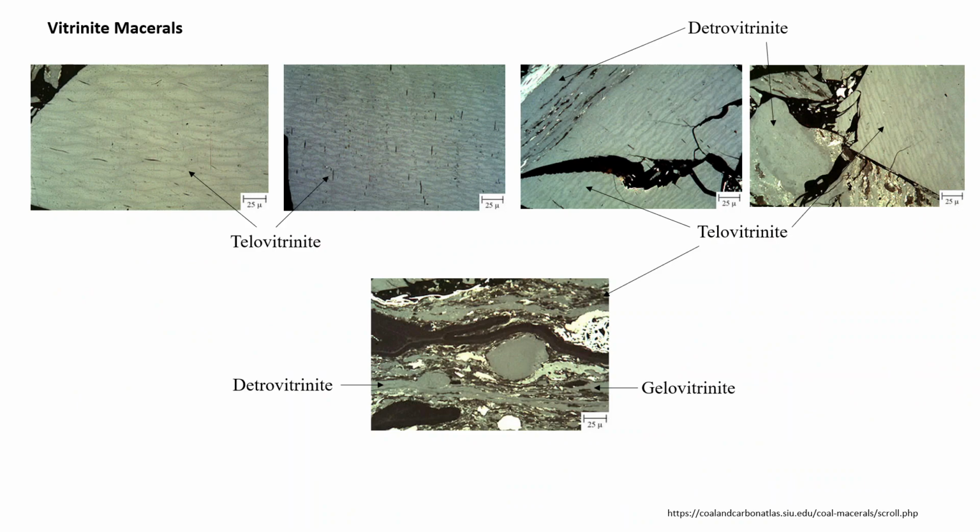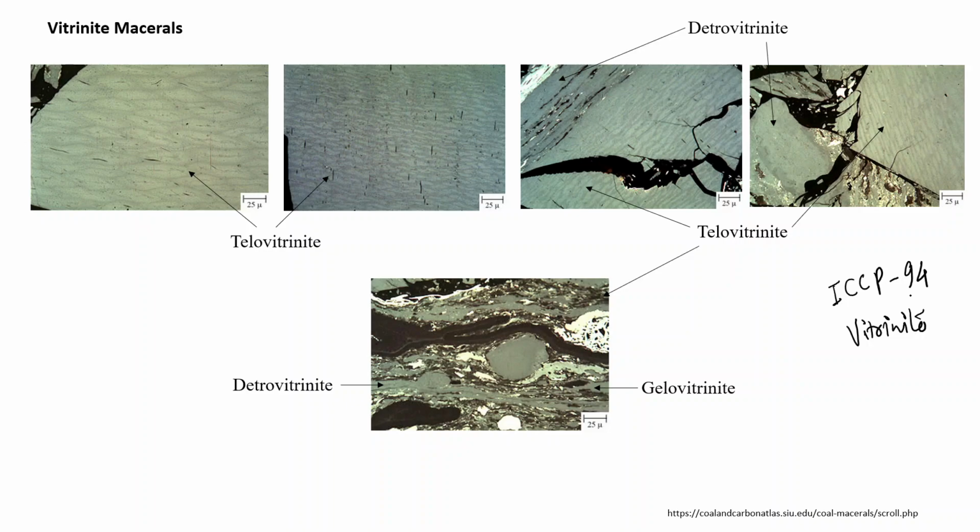So if you look at this vitrinite group of macerals, these photographs are taken from a website according to the ICCP 94 classification of vitrinite, which is also called Vitrinite 94. Okay, so don't get confused.